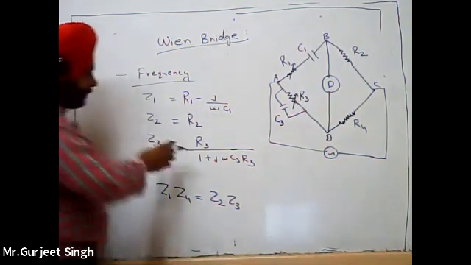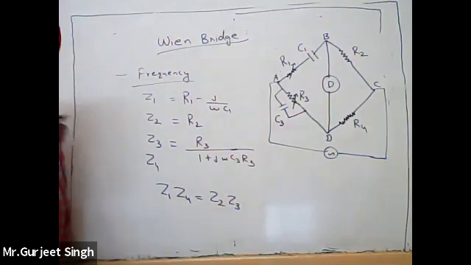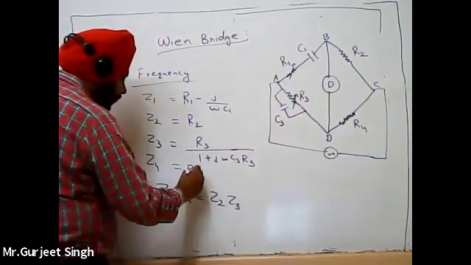This is the impedance of this arm. Z4 is R4.